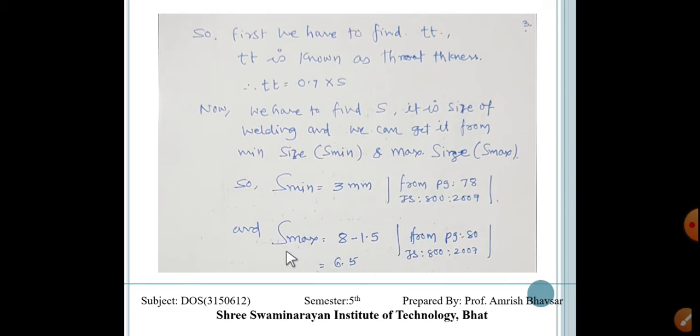So S maximum is 8 minus 1.5, which is 6.5. Now we can consider the size of weld between two values. So we can take 4 mm, 5 mm or 6 mm, whichever is taken by us.